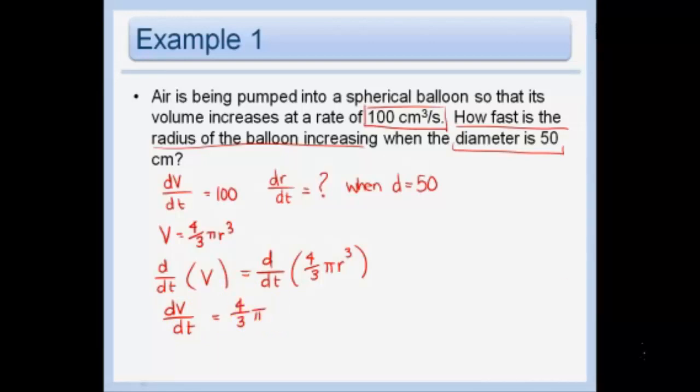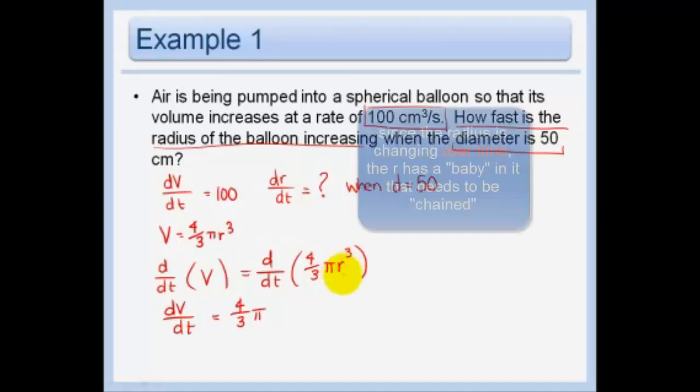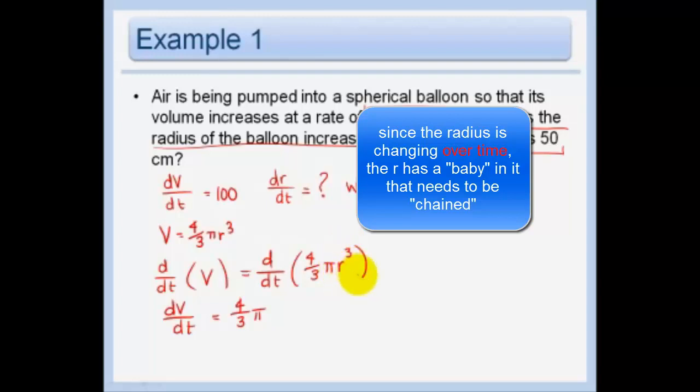And now, like we were saying before, that when we took the derivative of y, we got y prime because the y had an x inside of it. Well, since the radius is changing over time, when we take the derivative of the radius and we get 3r squared, we must chain that also. And all of these variables are going to be changing over time. So all of them will have a baby inside of it.